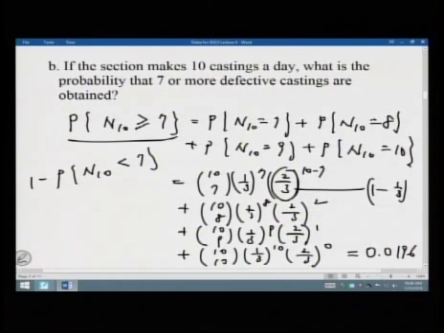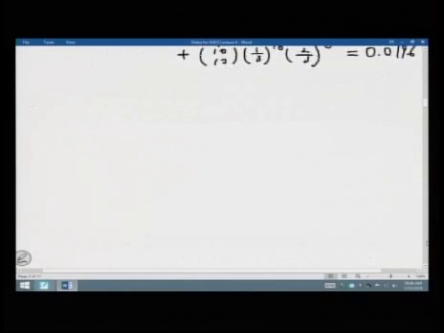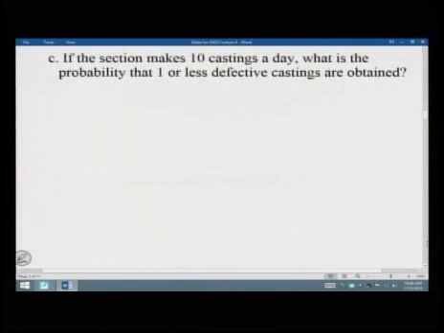Okay, so let's move on to the next question. Question C, if the section makes 10 castings a day, what is the probability that 1 or less defective castings are obtained? Well, this question is also very similar to the previous one, right? Using the same random variable we defined earlier, which is N sub 10, less than or equal to 1, right?